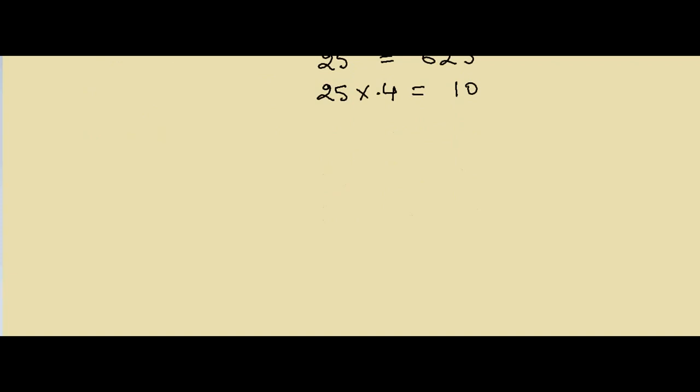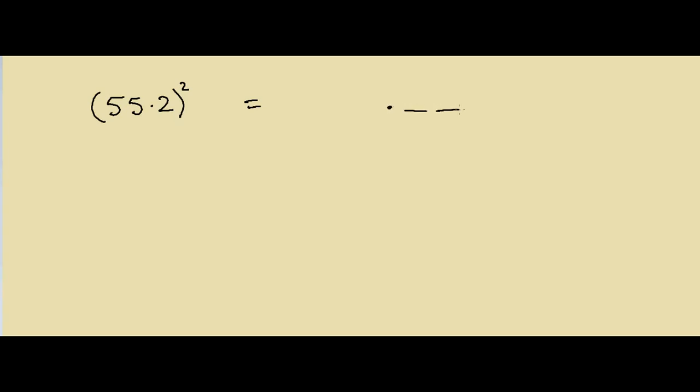Let's do one more example. So suppose I have 55.2. So this is a little complicated. So now in this case, again I'll say 4 here because 4 is always there, and I have to do 55 square.